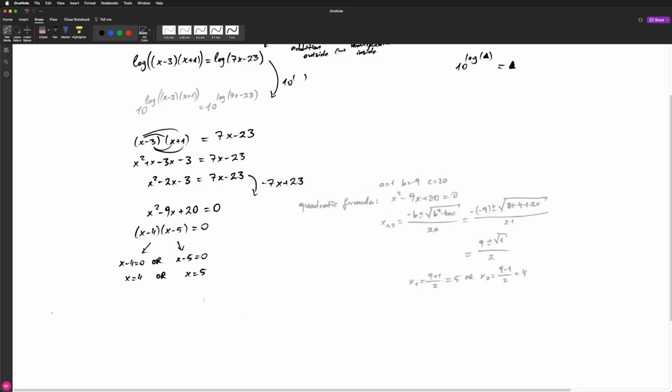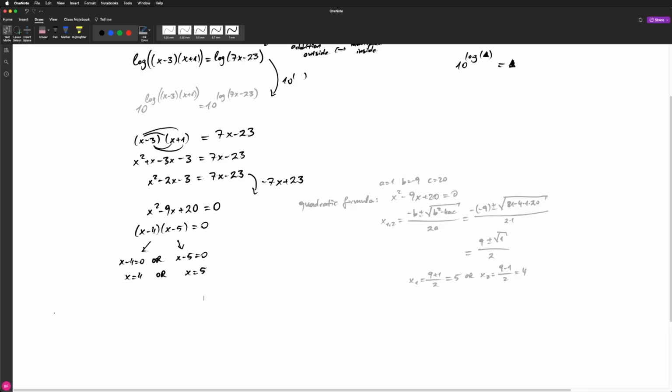Now, the problem with logarithmic equations is you have to be careful. You can't plug in a negative number into a logarithm of whatever base. That argument has to be positive, in other words, the domain of a logarithm function is 0 to infinity, positive numbers.